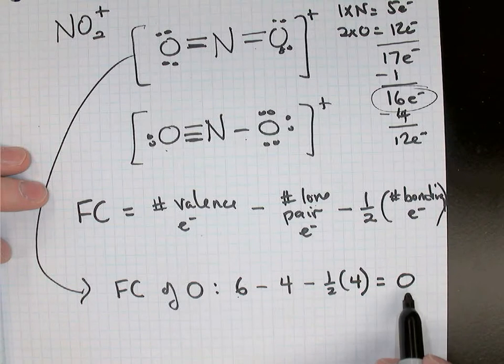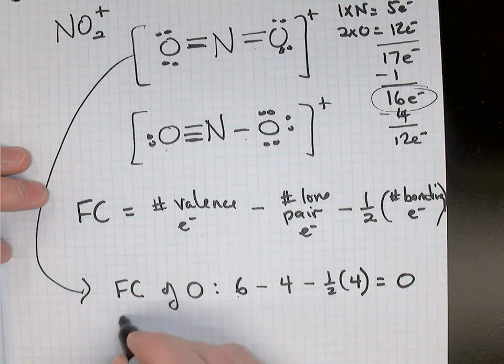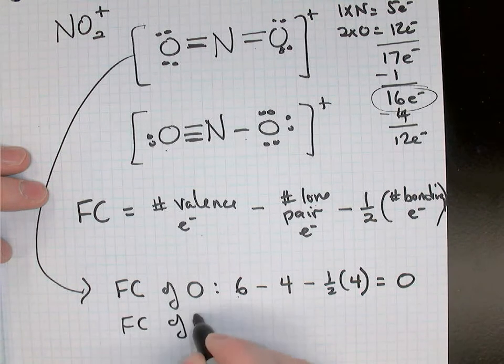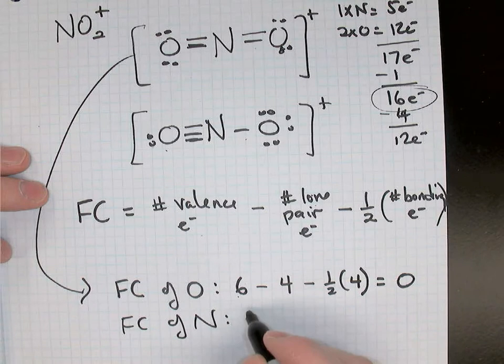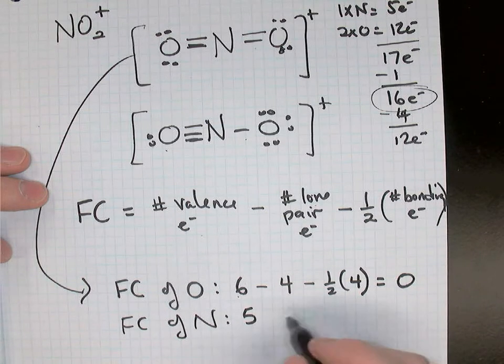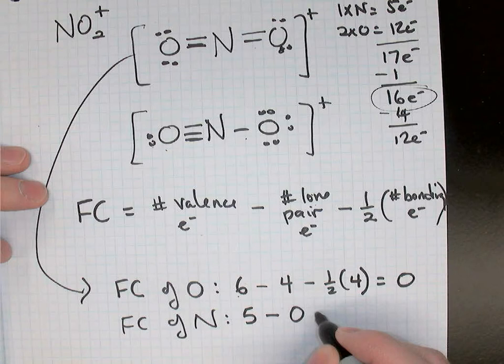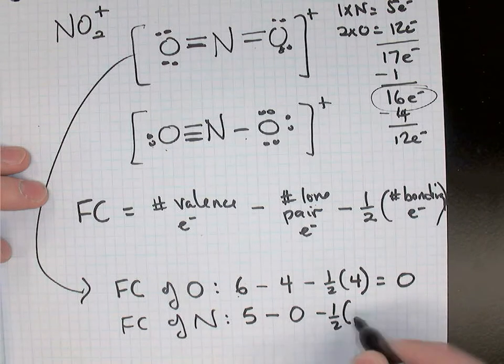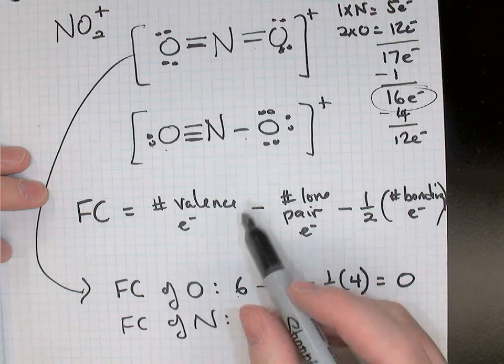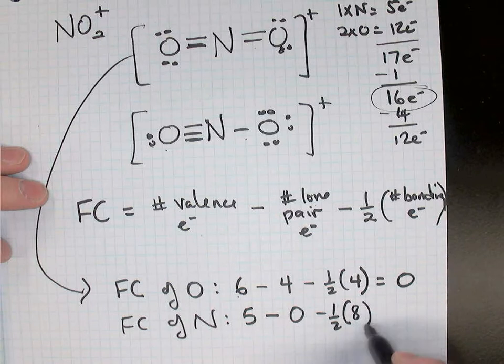What about the nitrogen? The formal charge of nitrogen in that molecule: nitrogen brings 5 electrons to the molecule. Take away 0, it has no lone pair electrons in that molecule. And then minus 1/2 of 2, 4, 6, 8. It's got 8 bonding electrons. 5 minus half of 8 is plus 1.